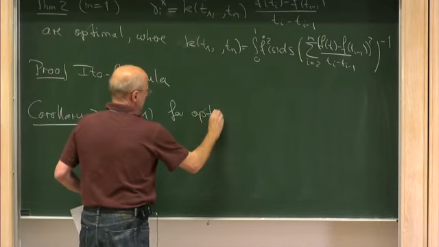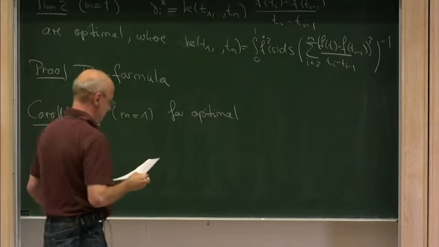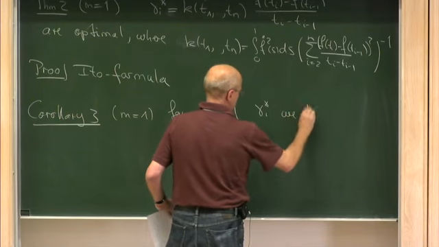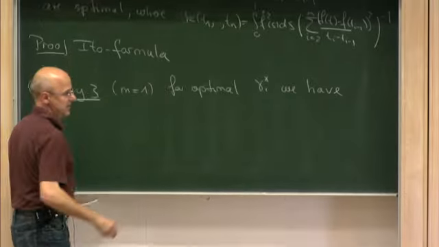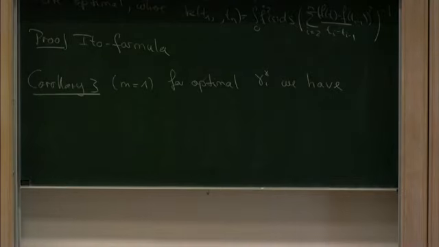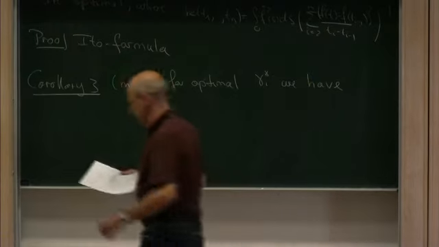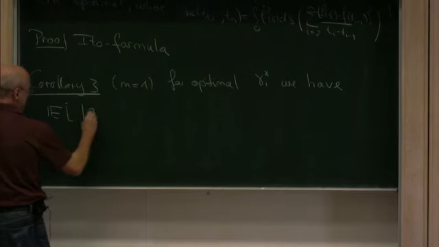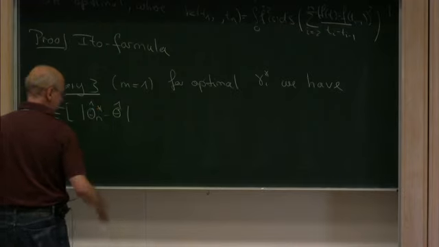For the optimal gamma i star, we get the following. So this basically measures how close the variance of theta n hat is to C inverse. If this is very close to 0, the variance is very close to C inverse. Maybe I put a star here.